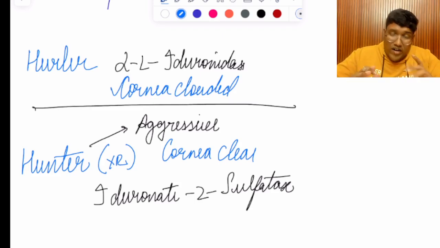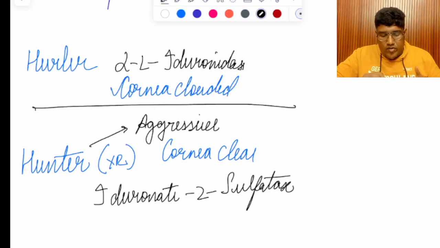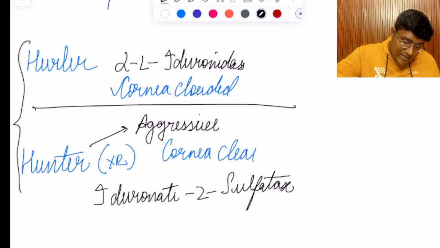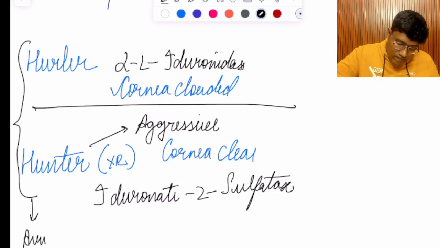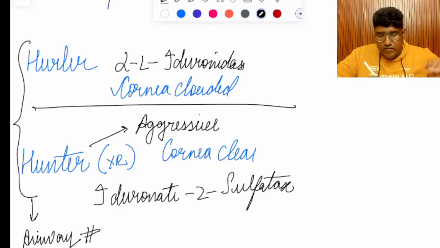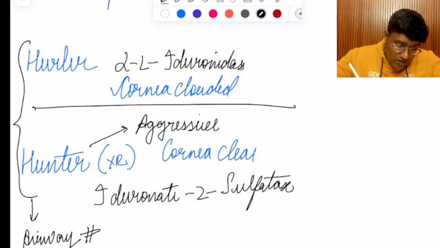Hurlers will have corneal clouding, but both of them will have one symptom that you should always remember. This symptom should strike you whether it has something to do with Hurlers or Hunters: these two are going to have airway obstruction. They are very prone to airway obstruction, and from infancy they'll have a lot of airway obstruction issues. So that is all you need to remember.